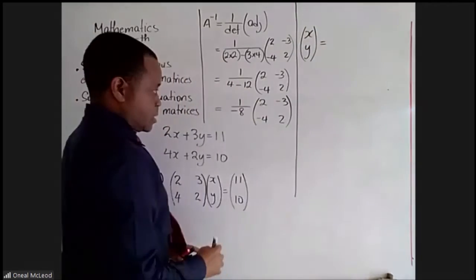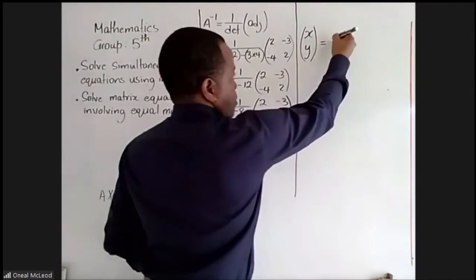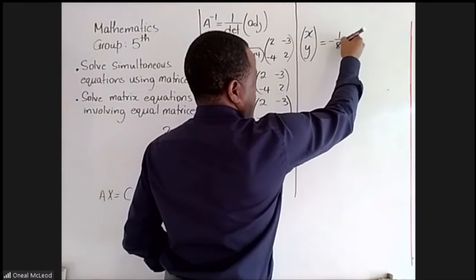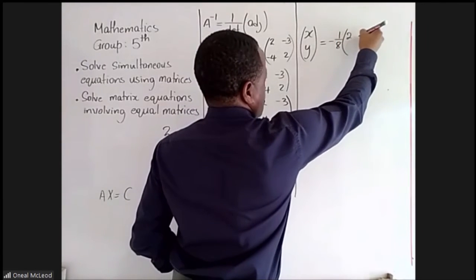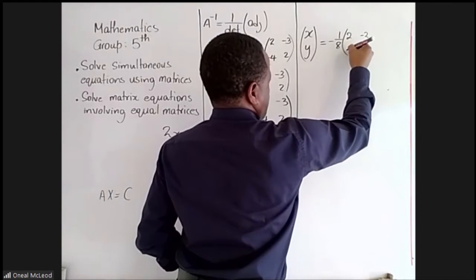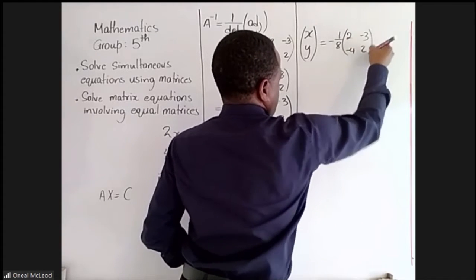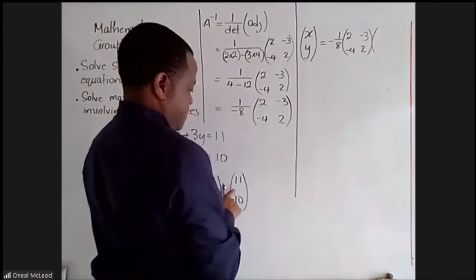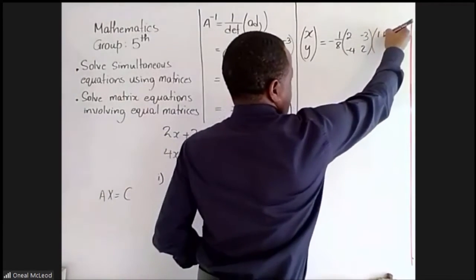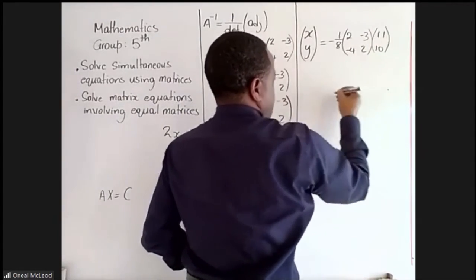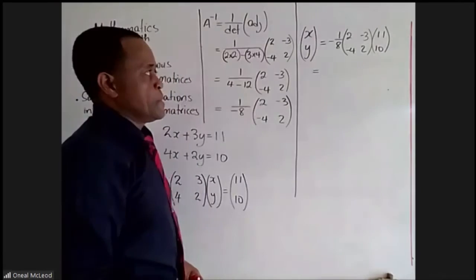And this is now going to be equal to the inverse, which is -1/8, 2, -3, -4, and 2, multiplying 11 and 10. All right, very, very simple.